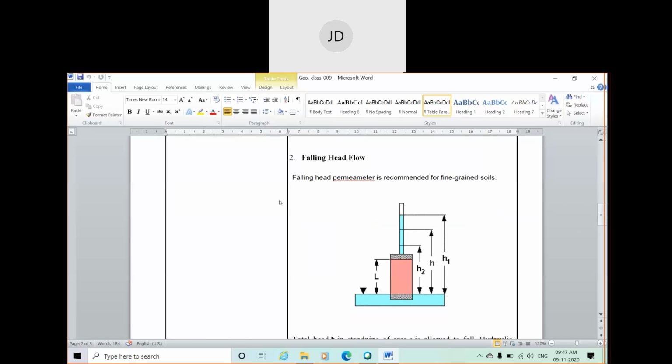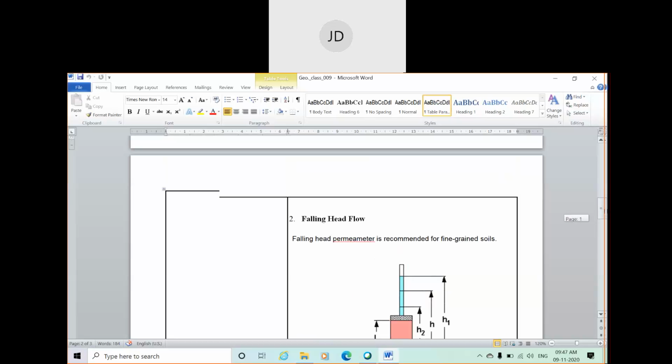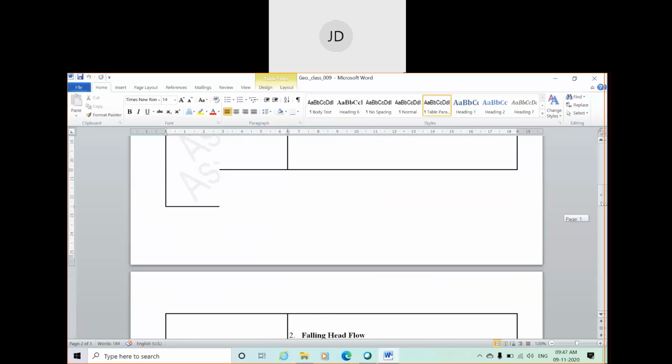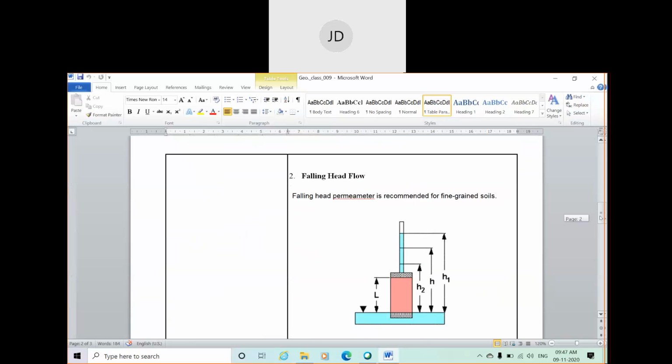This falling head test is recommended for fine grain soil, or cohesive soil. Remember, the constant head test is recommended for coarse grain soil, and the falling head test for fine grain soil.